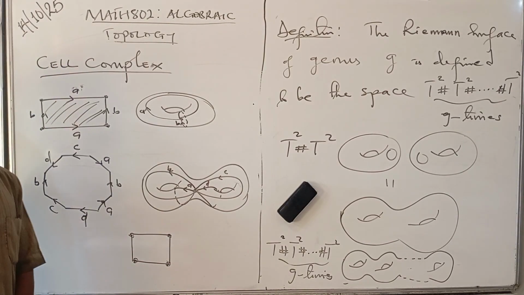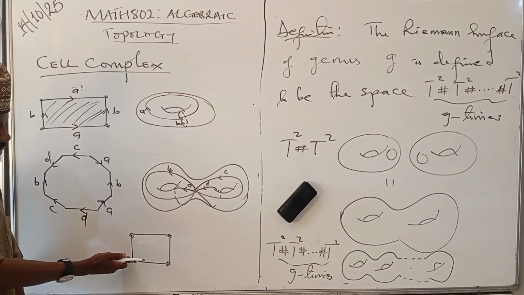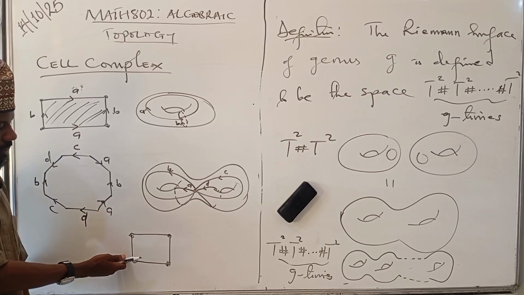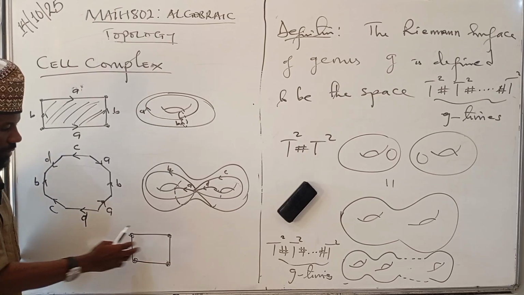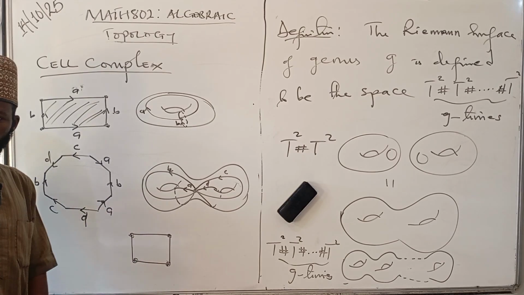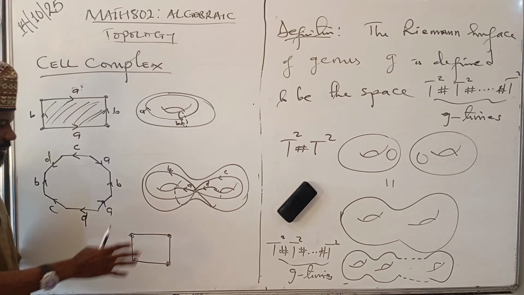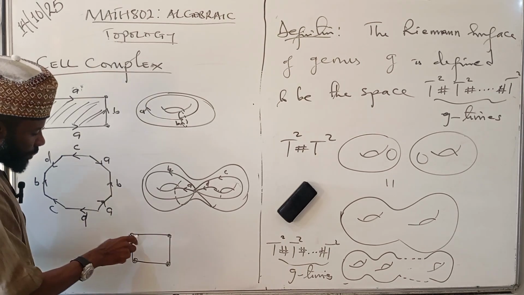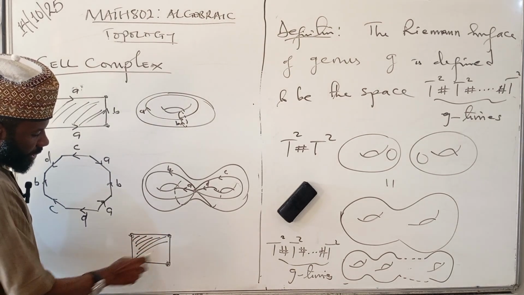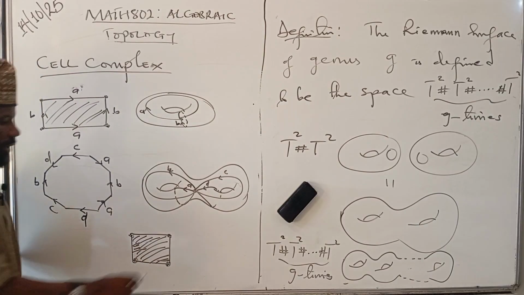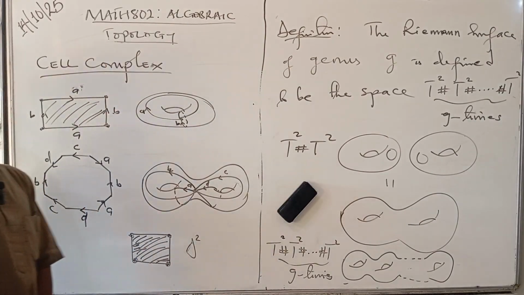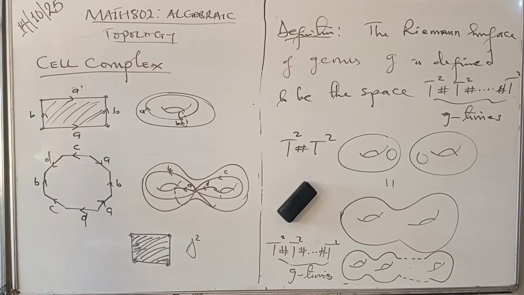Then you have this, this is a graph, this is a square, I mean, without the interior. And then you can now attach the interior, that is an open disk, to it. And then you have D2. I hope it's okay. So you think of building spaces in this way.